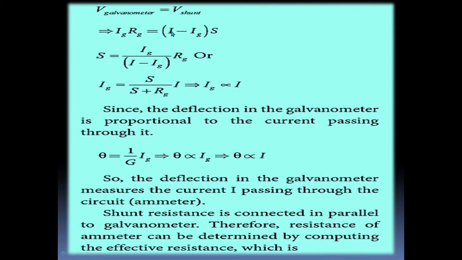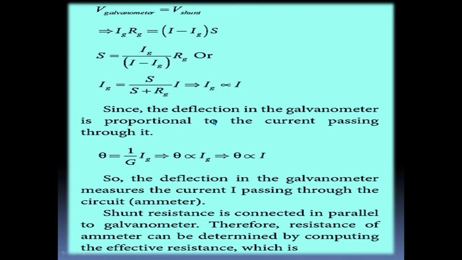Now rearrange this equation. We obtain S is equal to Ig divided by I minus Ig into Rg. Or, rearranging this equation, Ig is equal to S divided by S plus Rg into I. So the galvanometer current is directly proportional to the actual current.